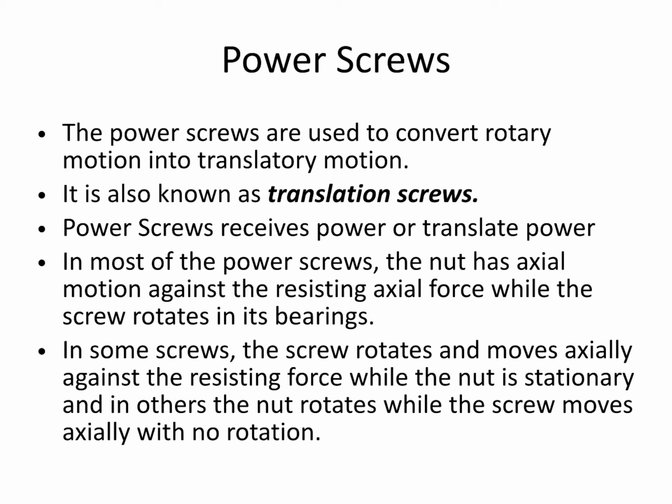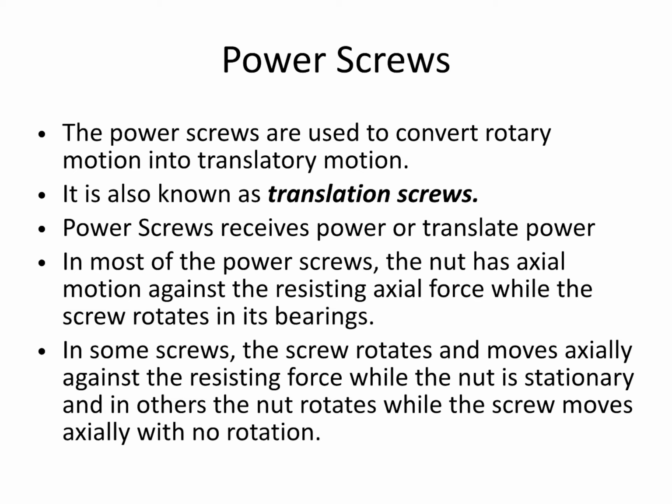So in this, the nut has the axial motion against the resisting axial force while the screw rotates in its bearing. While in some screws, the screw rotates and moves axially against the resisting force while the nut is stationary. Since there are different arrangements provided with the power screw, in some types the power screw rotates, and the nut on that power screw translates along it.